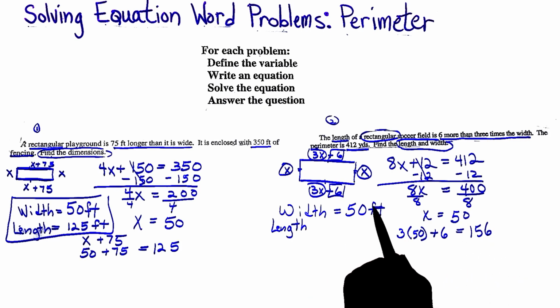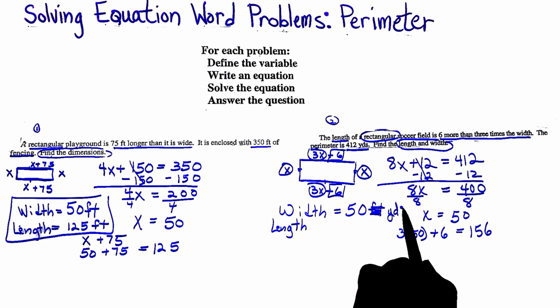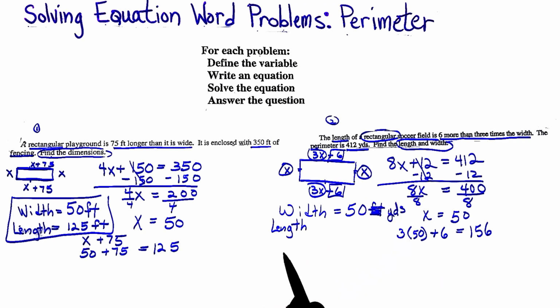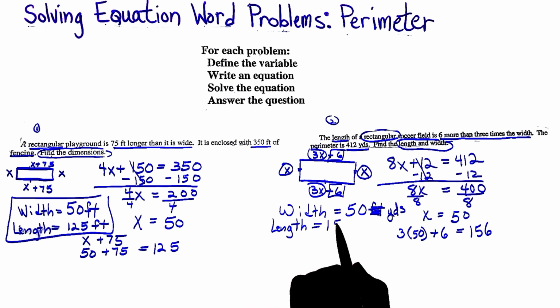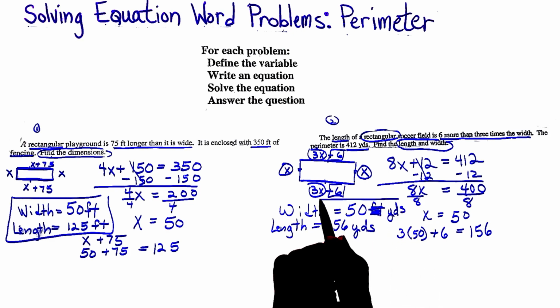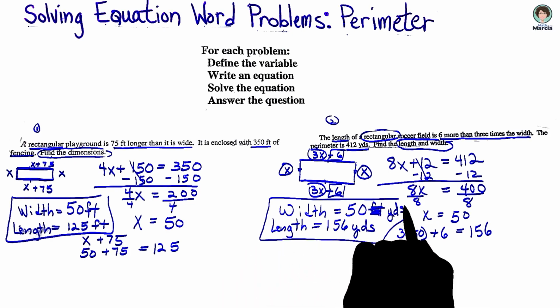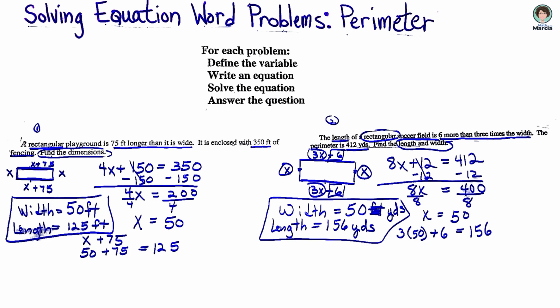Oops, I put feet there, but I looked back and guess what? It's yards. Definitely need to double check your units. So my length is going to be 156 yards. And there are my 2 dimensions that we needed for this word problem.